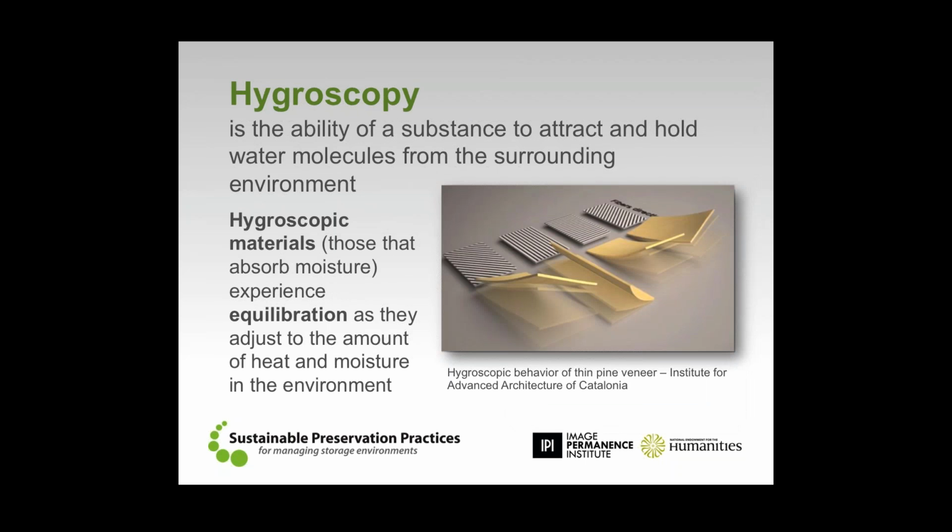So hygroscopic materials will either take on or give off some moisture based on whether or not the surrounding RH, and the relative humidity here is the key, goes up or down in relationship to the amount of moisture contained in the specific object. That object will either give up some of its moisture to the surrounding environment, or it may take some on if the environment has more moisture than what the object is currently holding.